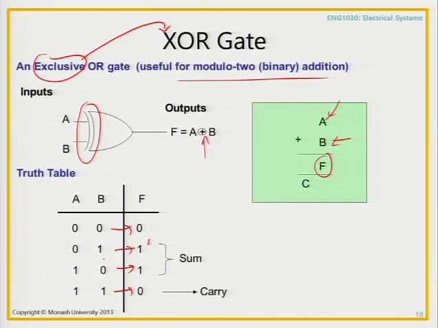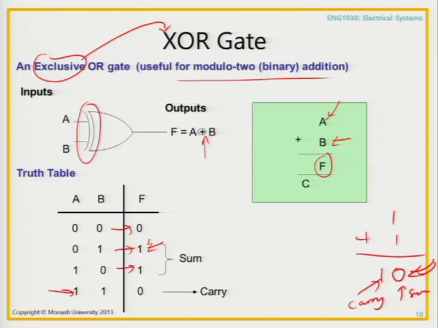If either of these is a 1 and the other is 0, then the sum would be equal to 1. If both of them are 1, so this represents the case where you've got 1 plus 1, then the sum bit here would be 0, right? And you would need to have a carry bit. Let's say this is the carry bit. So that's the case where you've got 1 plus 1 equals 0.